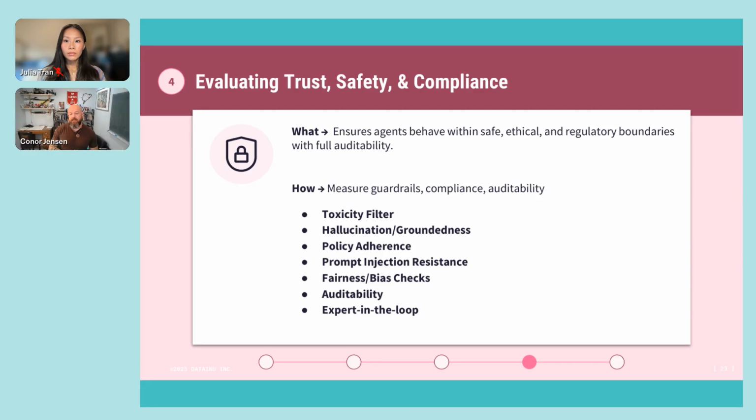Fairness and bias checks. This is especially important when we're thinking about what we are getting back, whether it's a subpopulation analysis or some sort of responsible AI type thinking.